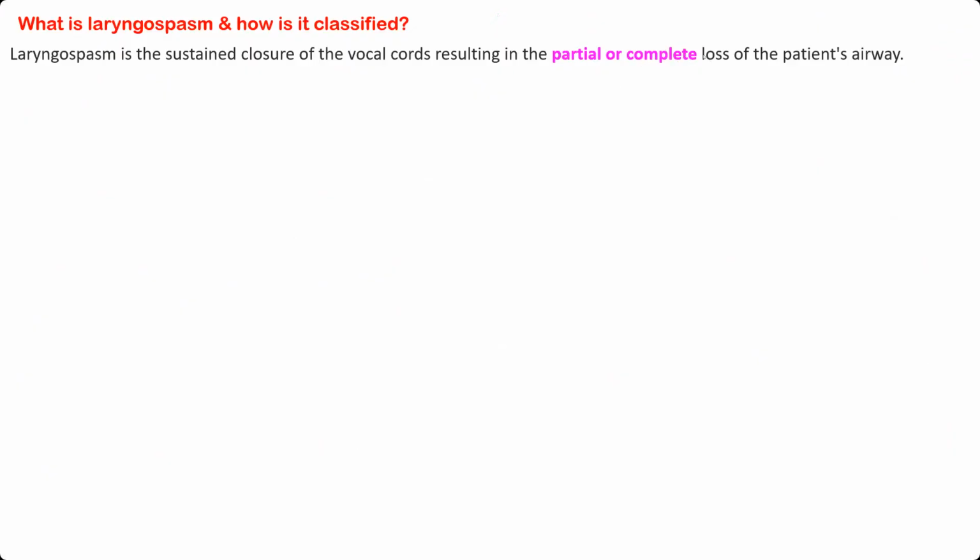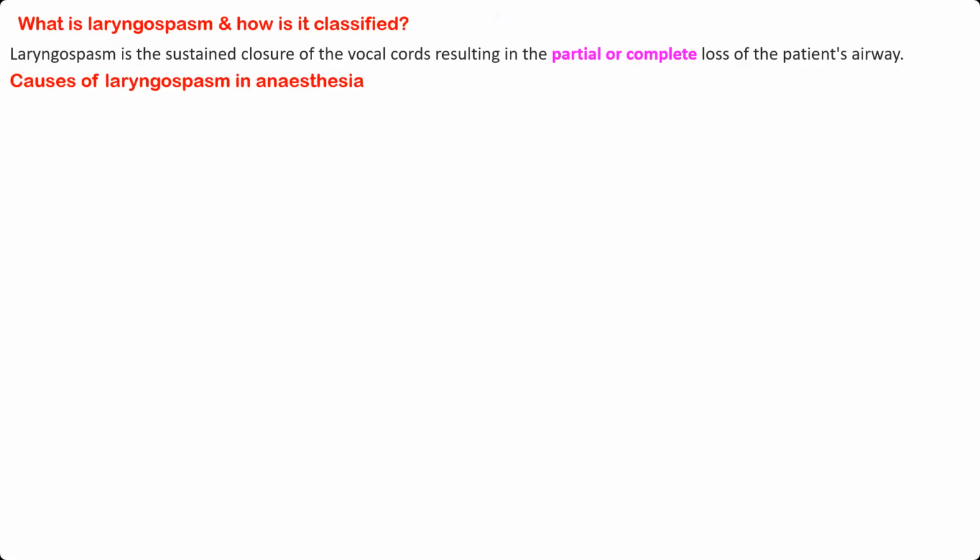In complete laryngospasm, the vocal cords are completely occluded, just like your injury to the recurrent laryngeal nerve on both sides, you will have a complete closure of vocal cords. Whereas in partial, there is still some opening, but it is very small and the patient will struggle to breathe through that. So what are the causes of laryngospasm under anesthesia? Have all of you had a chance to see this complication?